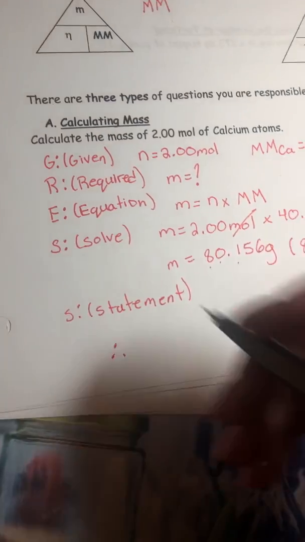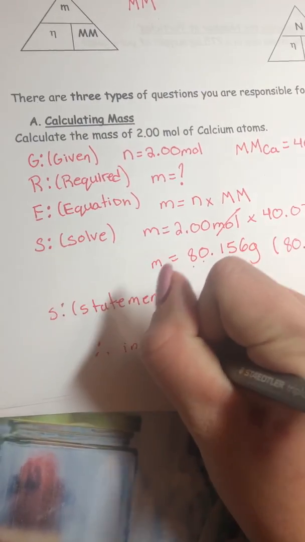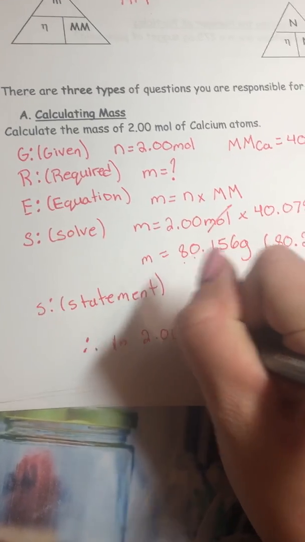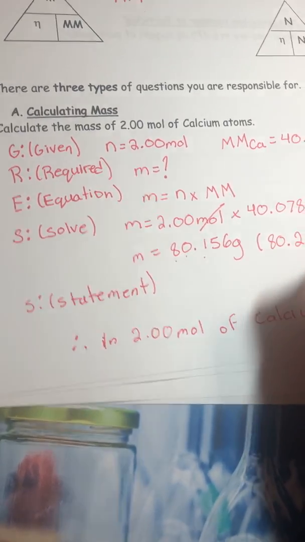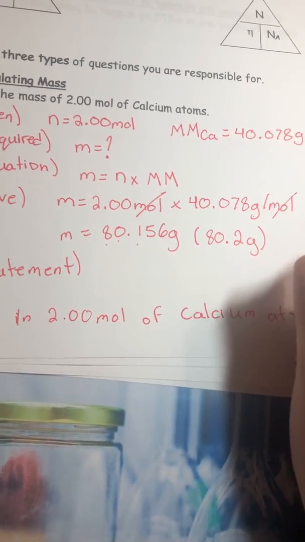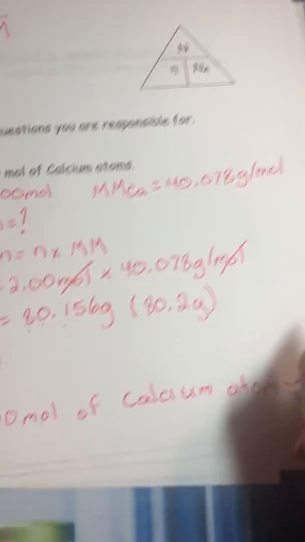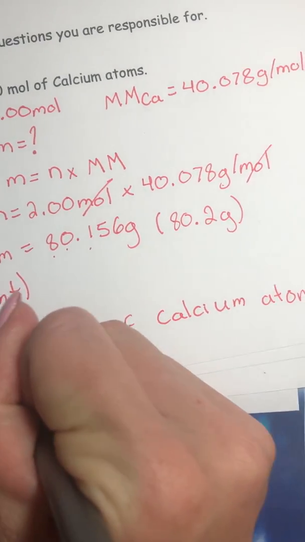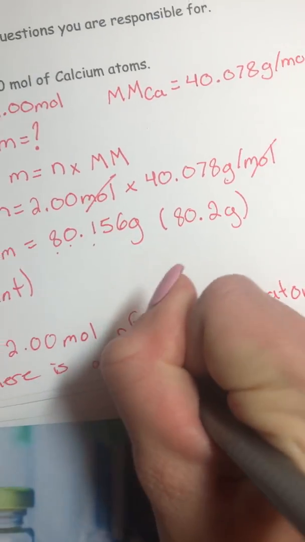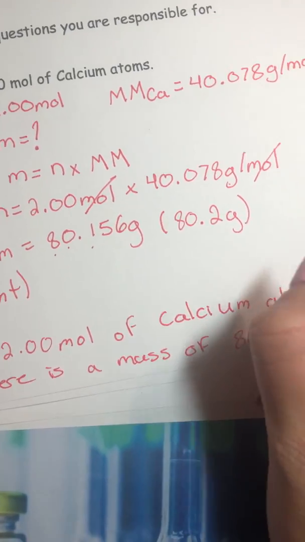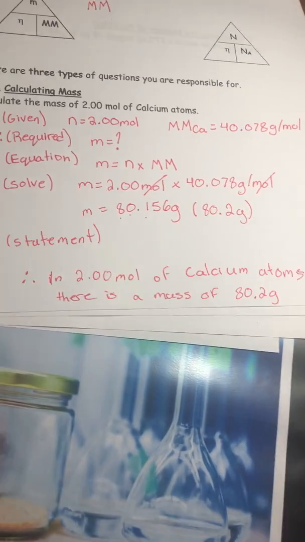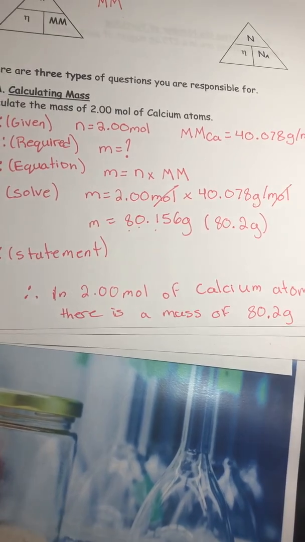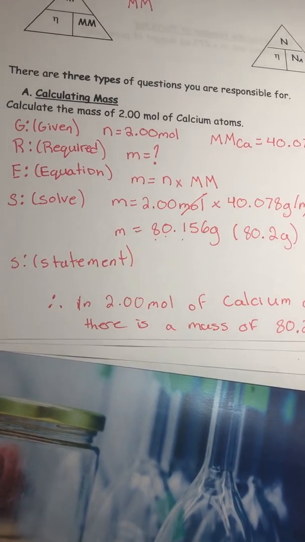So therefore, in 2 moles of calcium atoms, there is a mass of 80.2 grams. You don't have to be too specific with your statement. Just try and state what you found in the question.